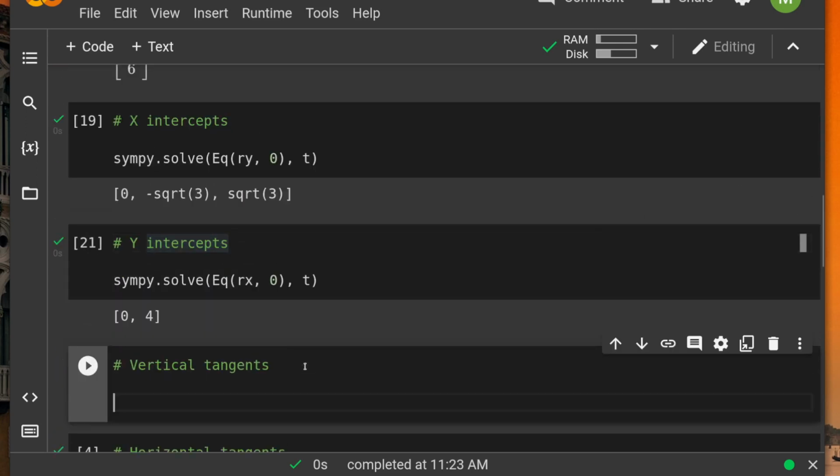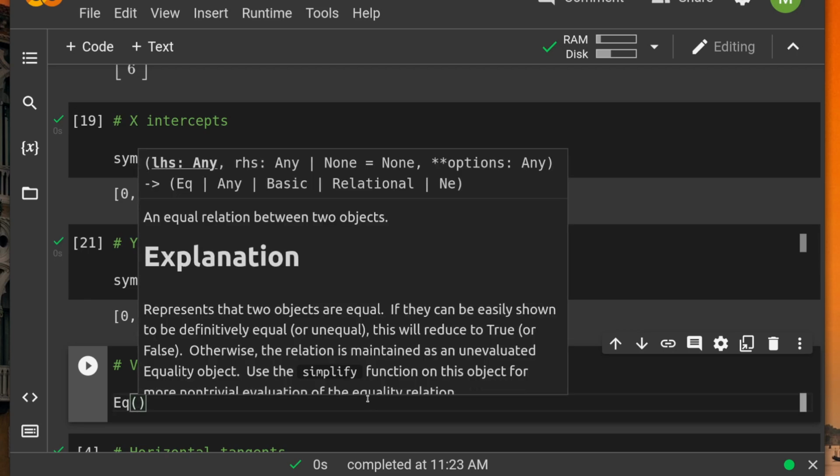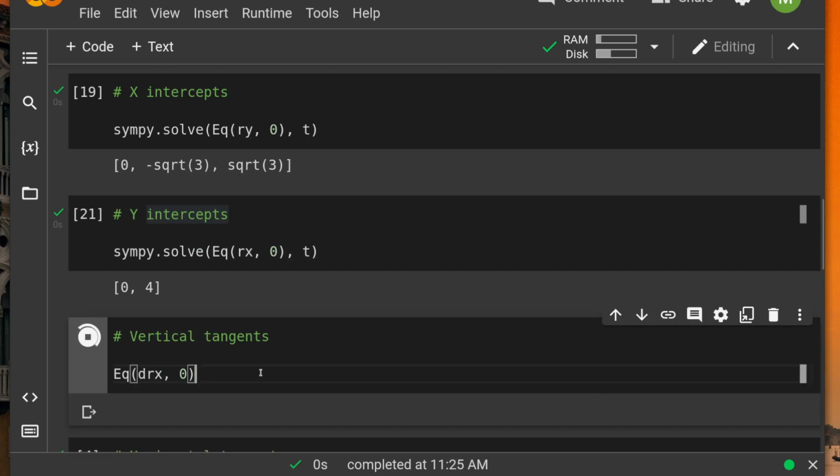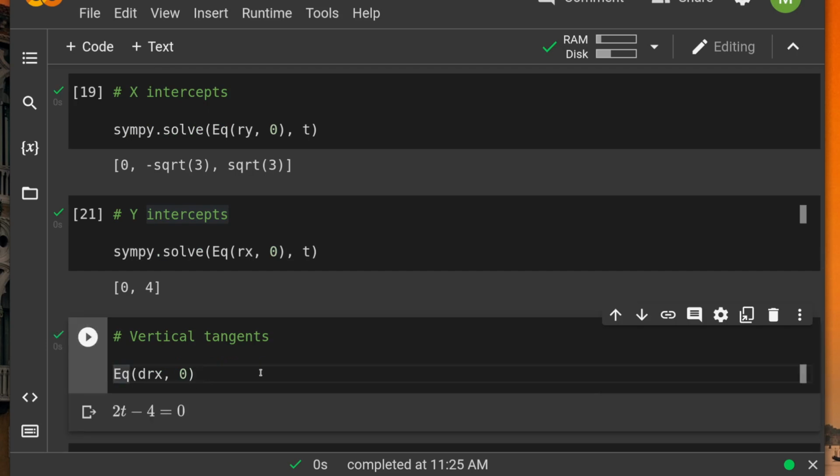Okay, let's move on to the vertical tangents. We want to solve an equation, and the vertical tangents are when the derivative of our vector function has a 0 x-coordinate. So we're going to take the derivative of our function and the x-coordinate and solve the equation where that is 0.